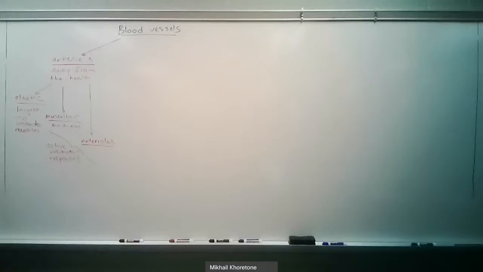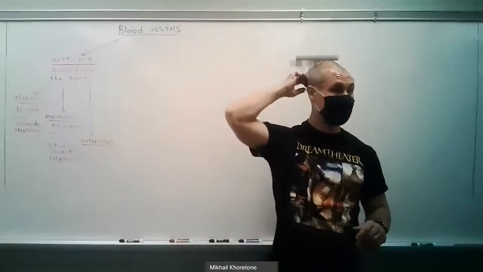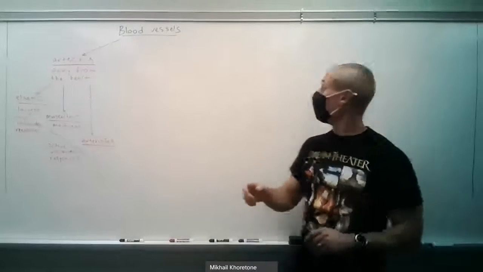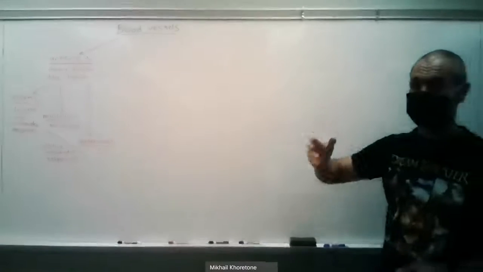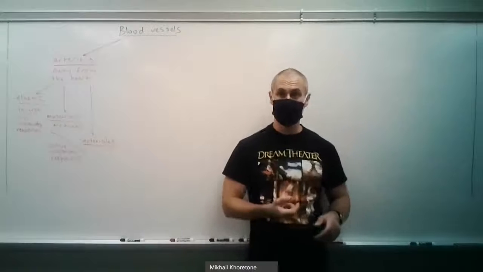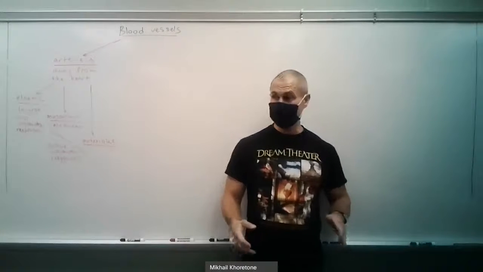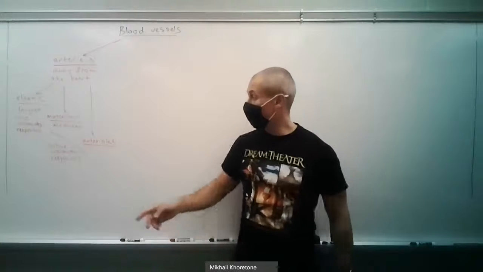Does that make sense? Now, what are elastic arteries? Elastic arteries are the biggest ones. I have this example: aorta, subclavian, carotid, brachiocephalic trunk, common iliac, femoral arteries. Does that make sense? Now, what does that mean?